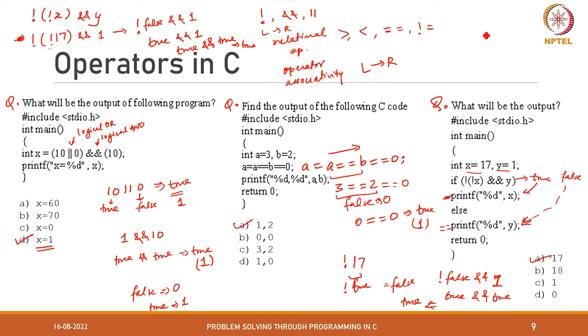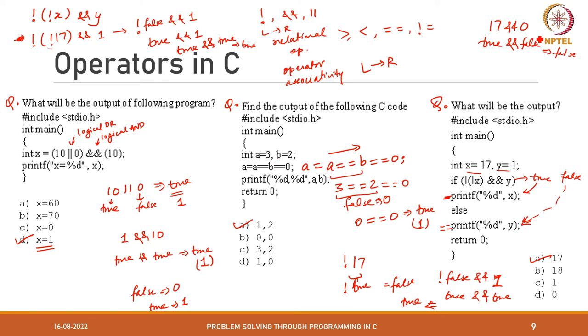A non-zero number will be considered as true. So if I write 17 and 0, it will be evaluated basically as true and false. According to the AND condition, only if both are true will it return true.